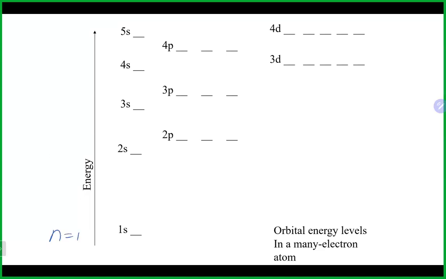We would go here first, then we would go here. That's the next lowest. We would go here. And by the way, they go in one at a time, and then they actually go back and fill up in a subshell. We go here next. They go in one at a time and then come back and fill.